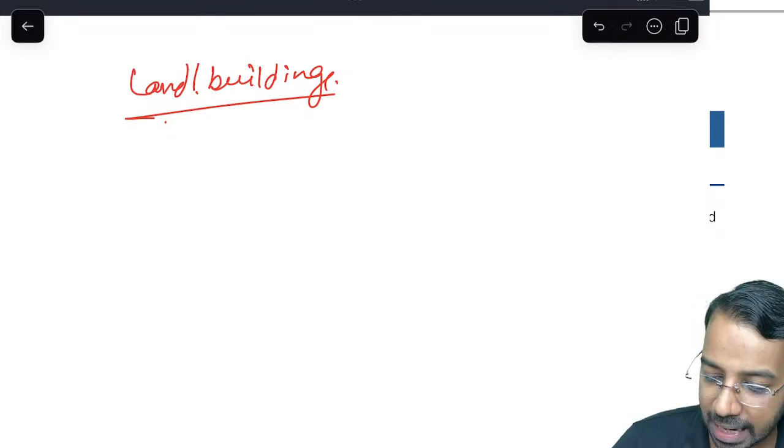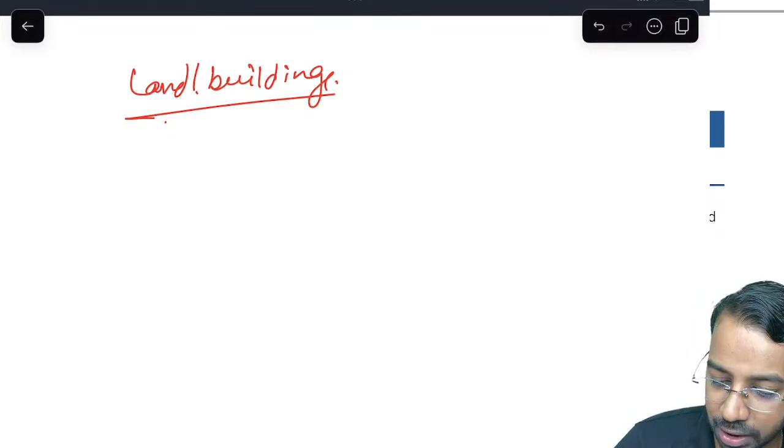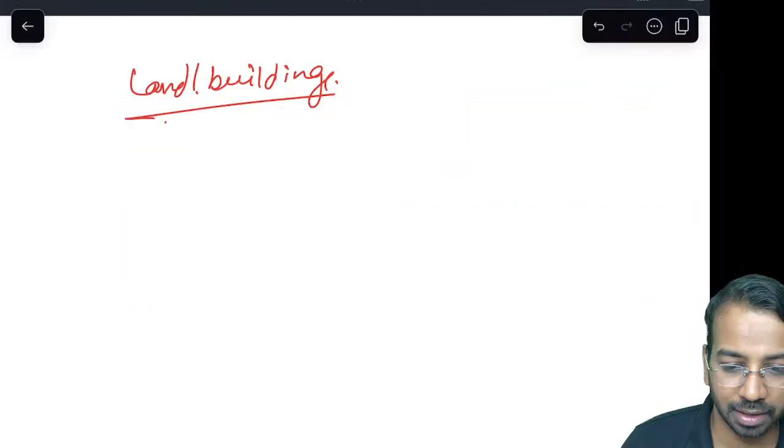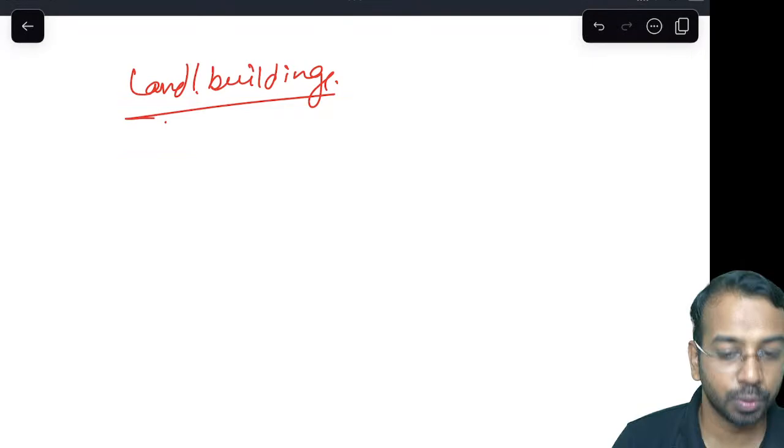So if this land and building is purchased for use in business, then we say it is an item of property, plant and equipment.